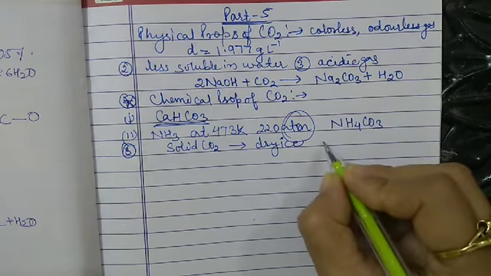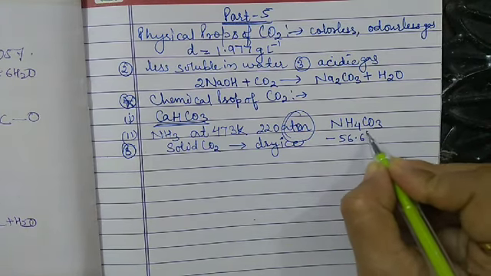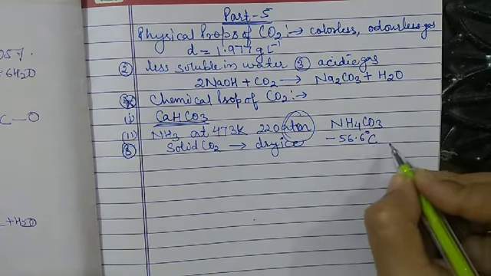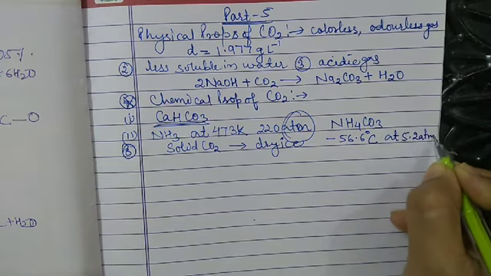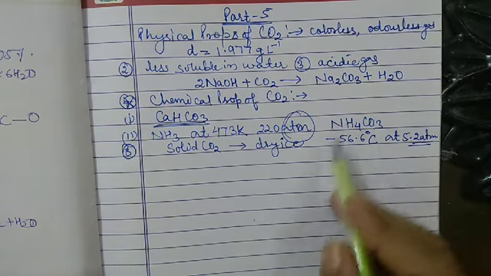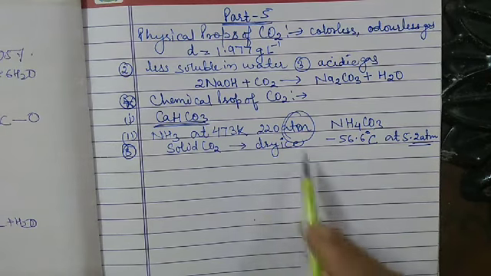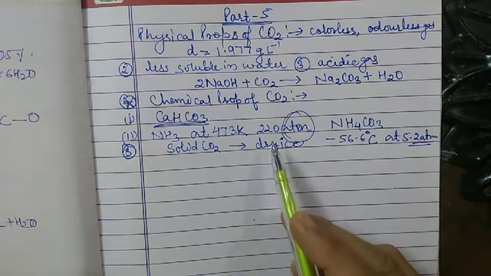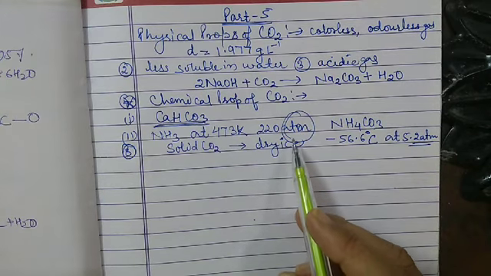Its melting point is minus 56.6 degrees Celsius at a pressure of 5.2 atmospheres. These are the important chemical properties of carbon dioxide.